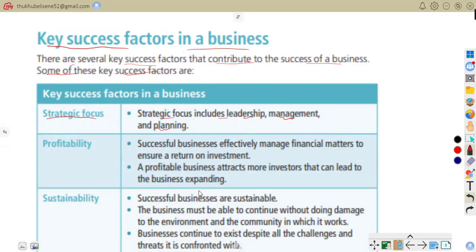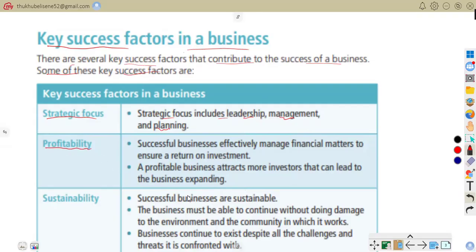Meaning the business needs good leadership, effective management, and proper planning to achieve its goals. Hope we are together, people. That is the first key factor that we look at in a business.